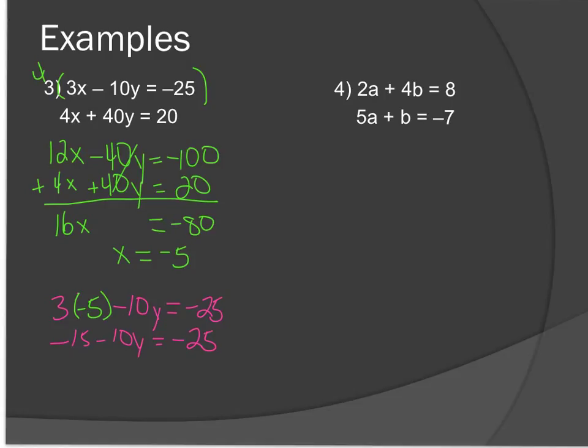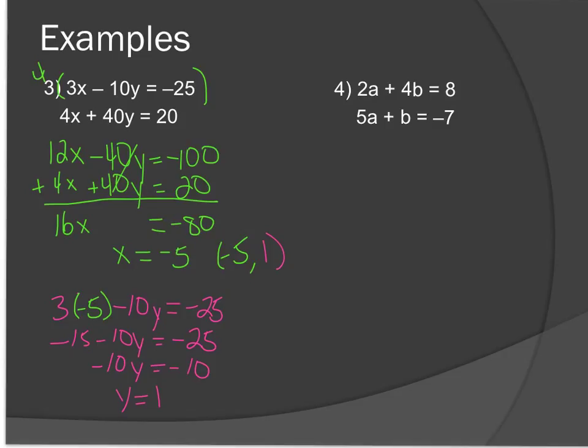Add 15. So we have negative 10y equals negative 10, which means that y equals 1. So our ordered pair here is (negative 5, 1). So it doesn't matter which variable you solve for first. You just have to make sure you solve for both variables.